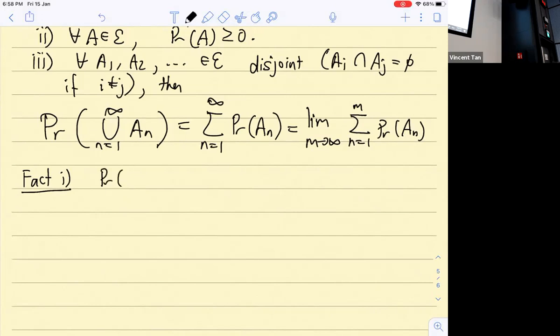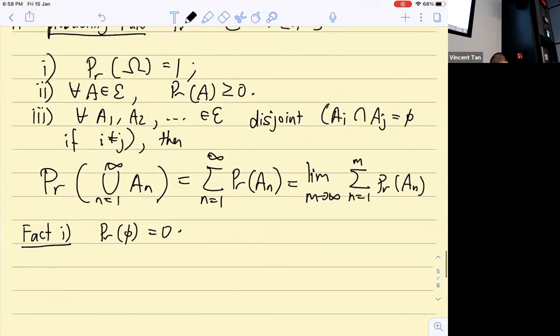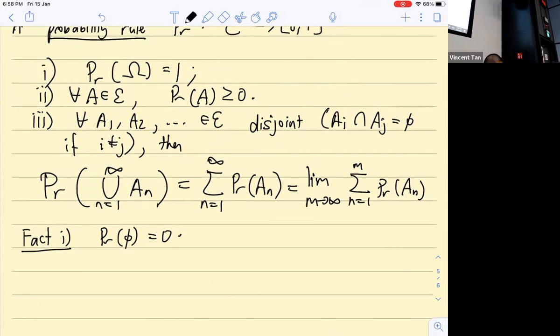Fact 1, we are very logical people. The probability of phi is equal to 0. No one said that it's equal to anything, but intuitively the probability of the empty set is equal to 0. This actually is very tricky. We need to make use of a bit of tools.